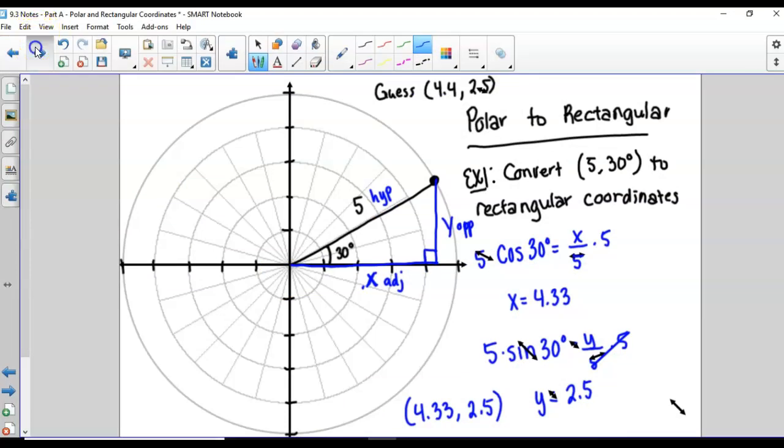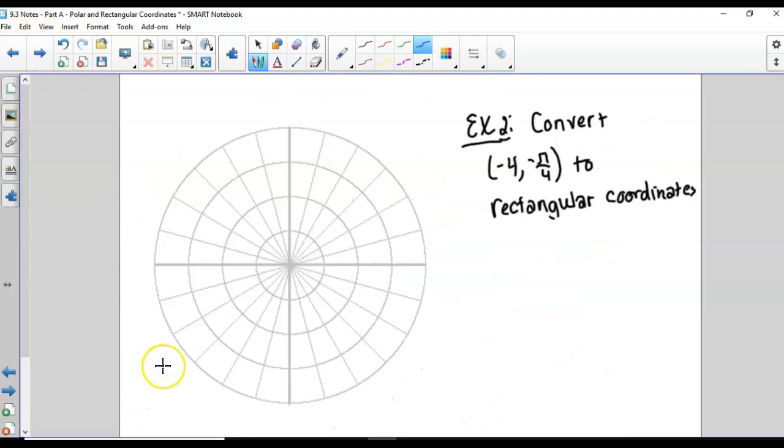Okay, let's do one more. Okay, we're going to convert -4, -pi/4 to rectangular coordinates.